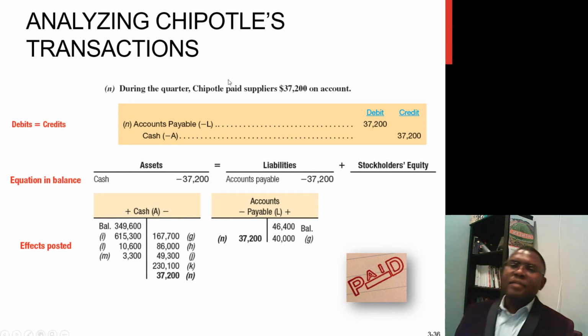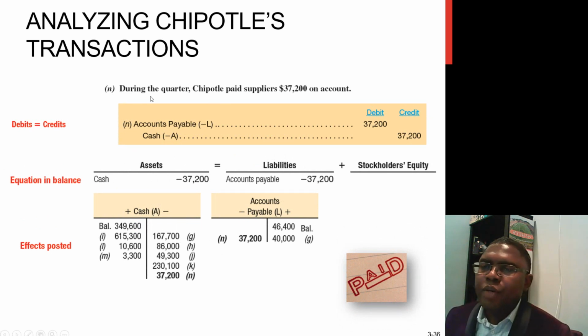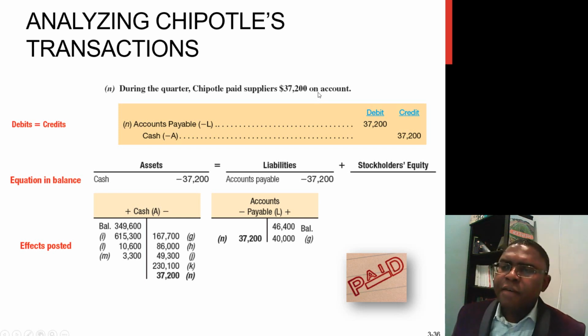All right, another transaction. During the quarter, Chipotle paid supplies 37,200 on account. If they are paying on account, they are paying with a promise. So this is different.